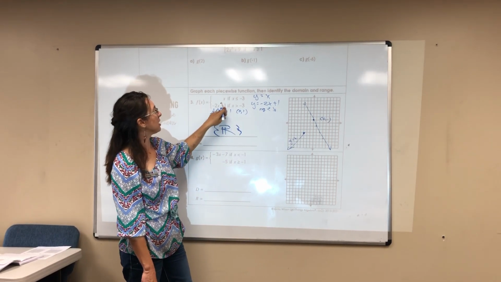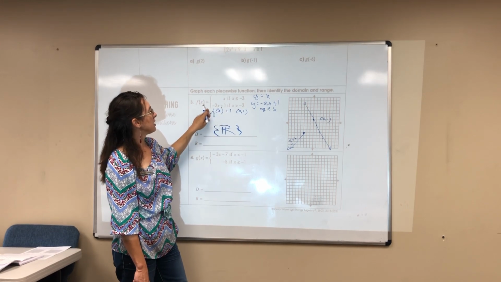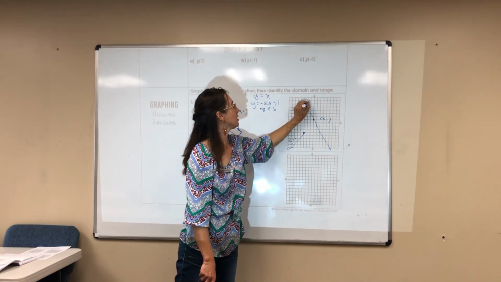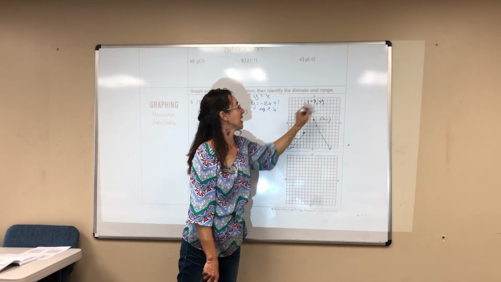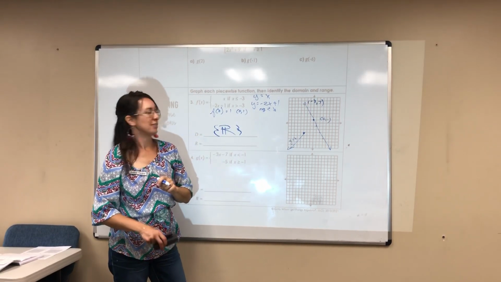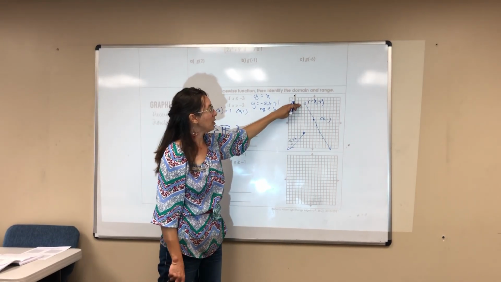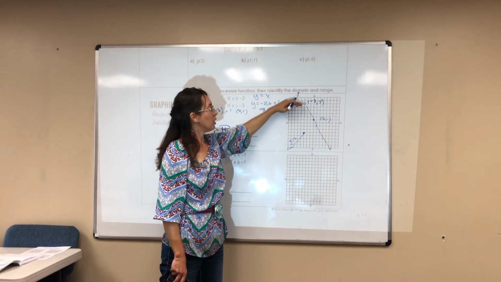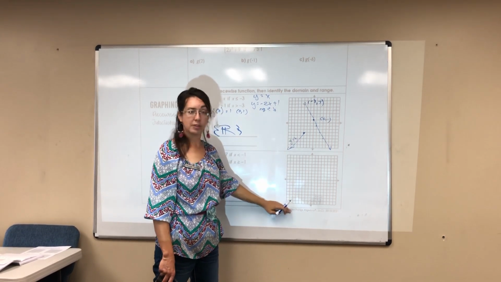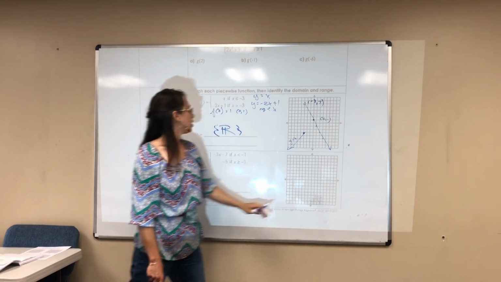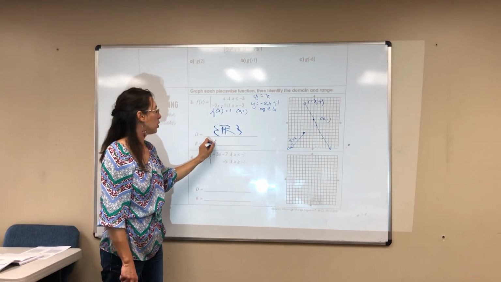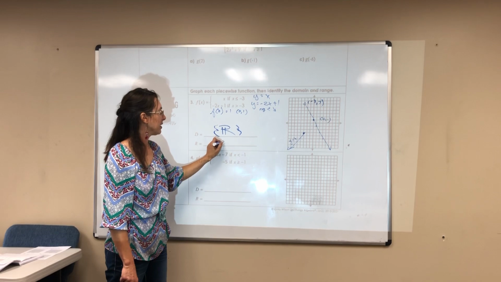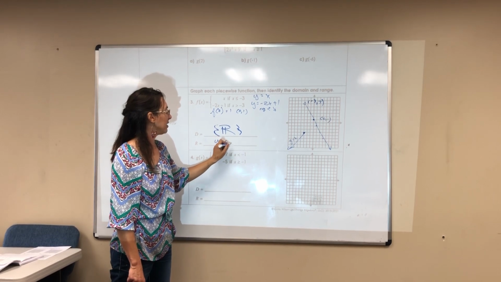So it approaches 7, right? But it doesn't exactly hit it. So do I use anything above 7 for my y values? No. Do I use all my y values below 7? Yes. So we would write that y less than 7.